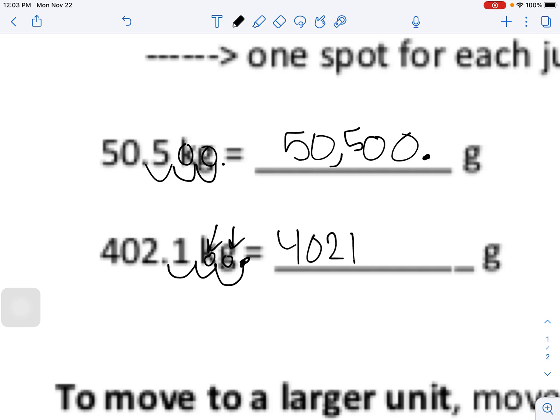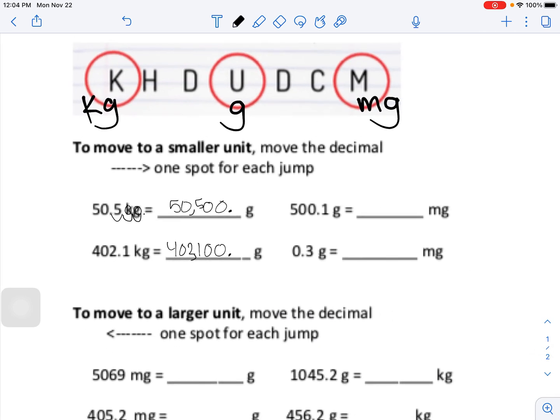It's the same numbers, except I have 2 zeros at the end. So the way that I say this is 402 and 1/10 kilogram is equal to 402,100 grams. So we're just moving the decimal point depending on the unit.